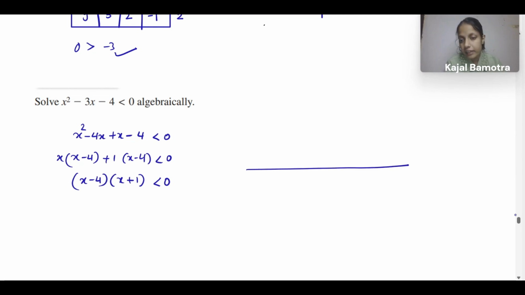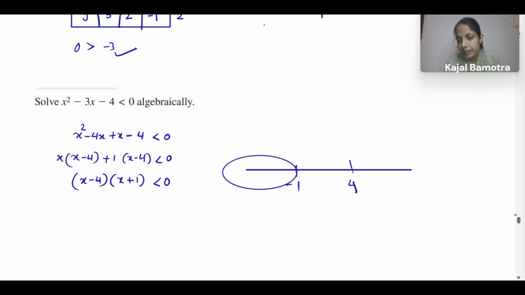Now draw a real number line and mark the points. Here one point will be negative 1 and another point is 4. Choose a number in the intervals. You have a total of 3 intervals: less than negative 1, between negative 1 and 4, and greater than 4.